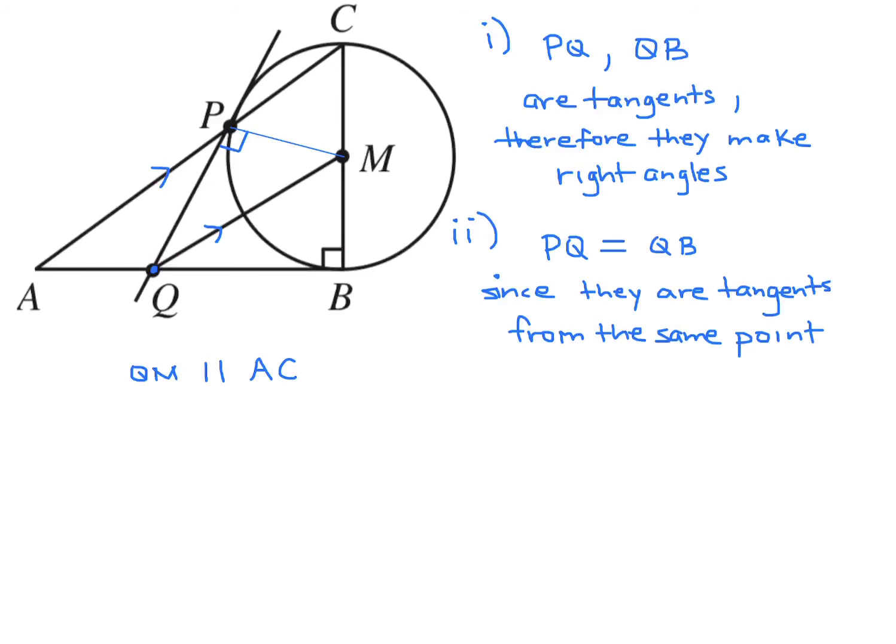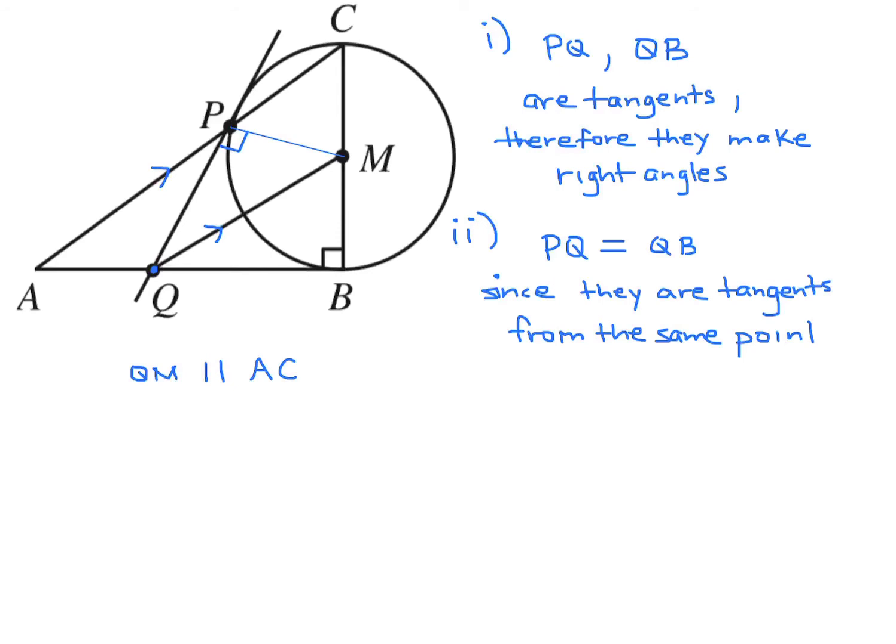They've both got the same side, and they both have radii that join M to one of their vertices. So with that in mind, you will see, hopefully, that the angles will also be the same.